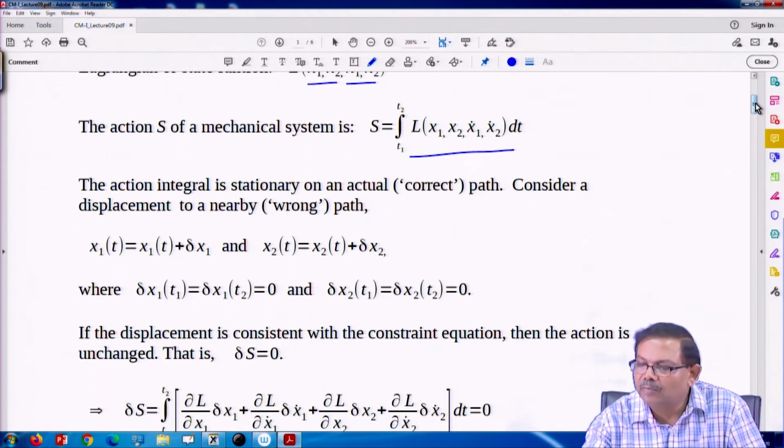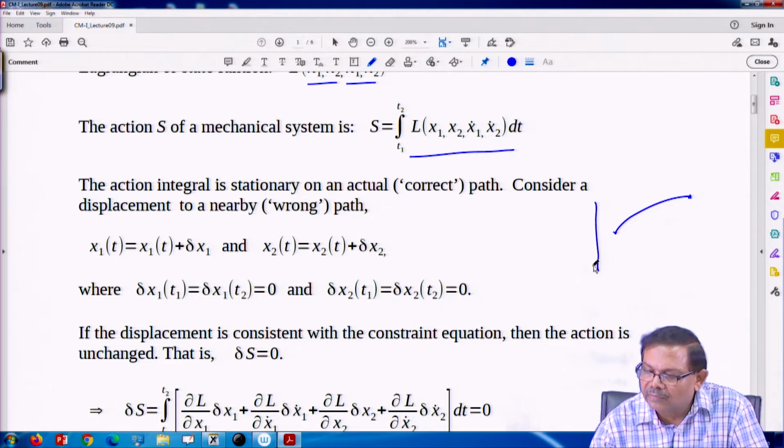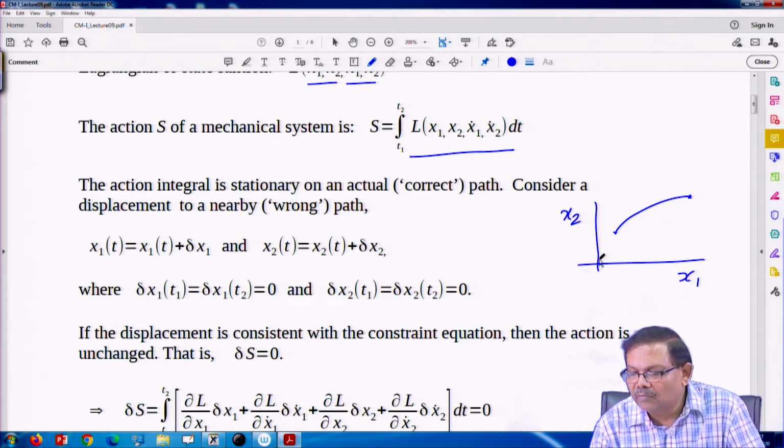on the actual path. Suppose we are considering a two dimensional problem, where the curve goes from one point to another point, so there is x 1 this side, x 2 this side, and we are looking for various possible paths.